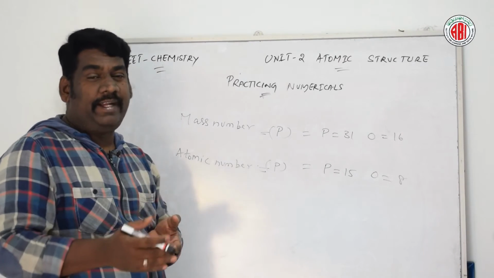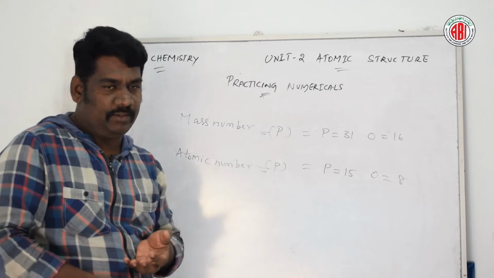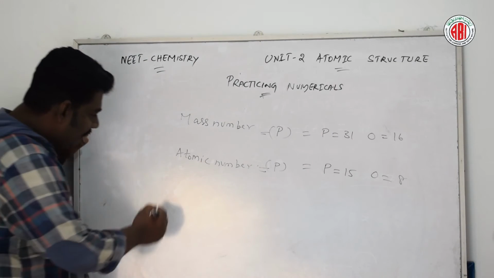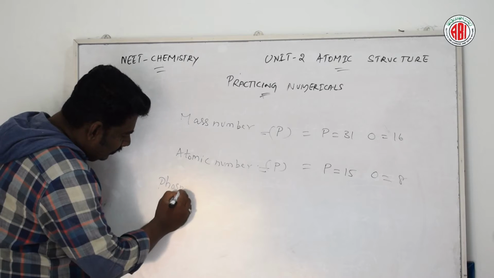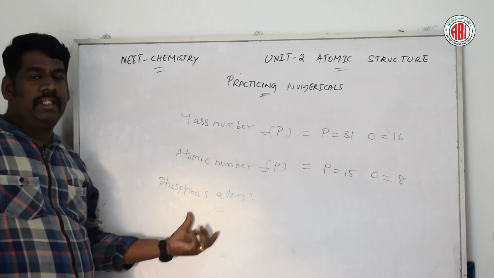Now let us find the number of electrons, protons and neutrons for the phosphorus atom and phosphate ion individually. First, the phosphorus atom.